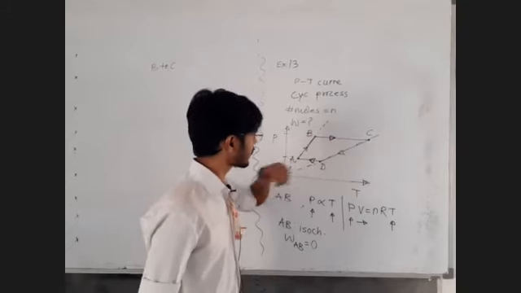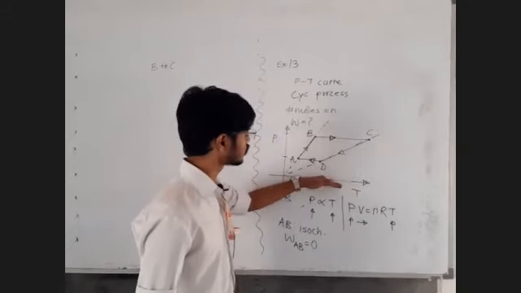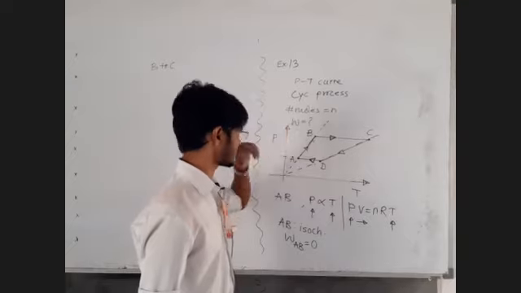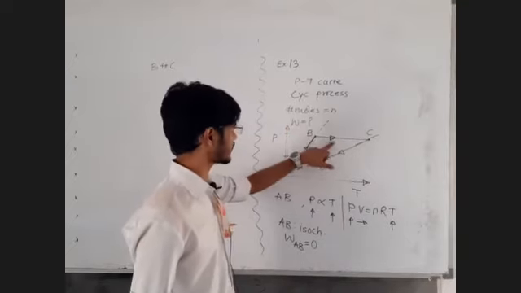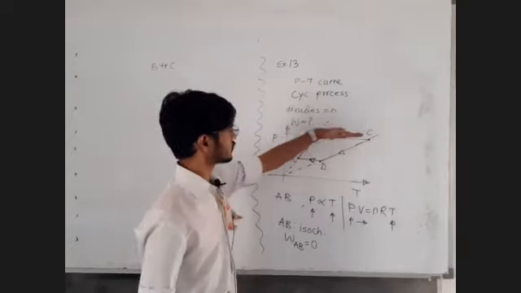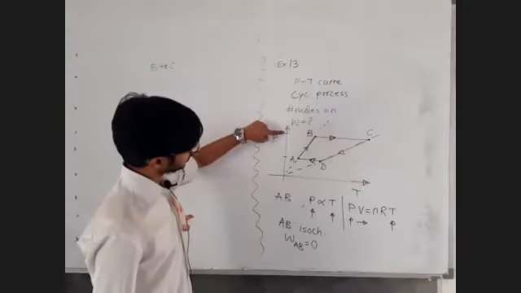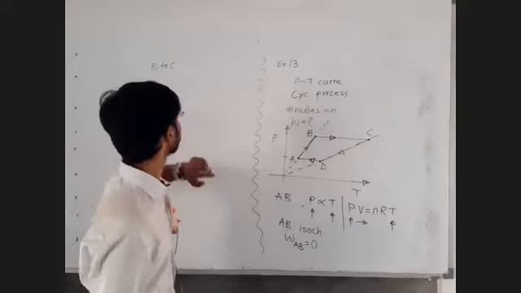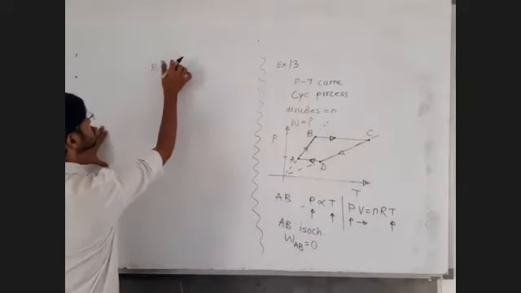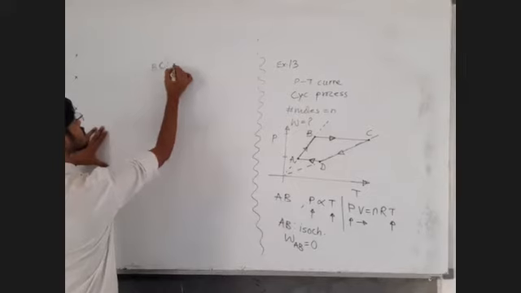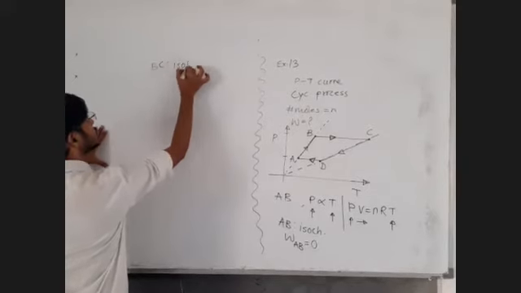They are either parallel to the temperature axis or the pressure axis. Right now it is parallel to the temperature axis, and we can observe that it's a constant pressure graph, meaning isobaric. So for the process BC, I will write isobaric.